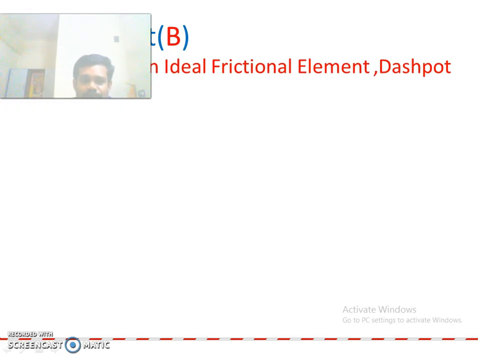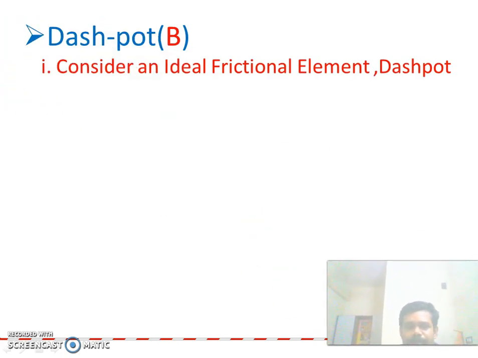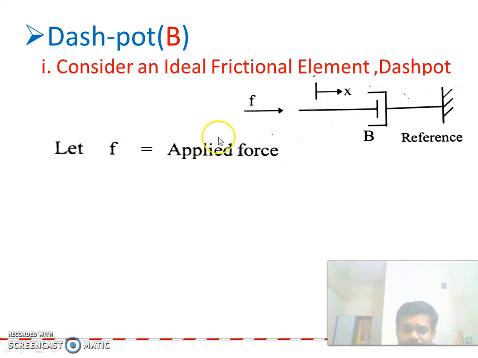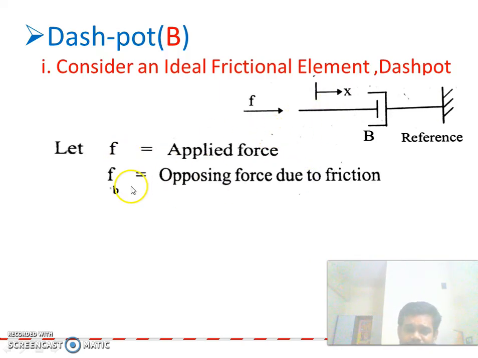Next we are going to see the second element, the dashpot. Consider an ideal frictional element, the dashpot. Here also the dashpot is fixed at one end, and at the other end a force is applied. F is the applied force, and F_b is the opposing force due to the dashpot. F_b is proportional to the velocity, that is dx by dt.